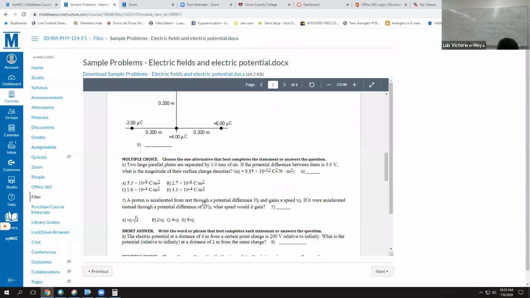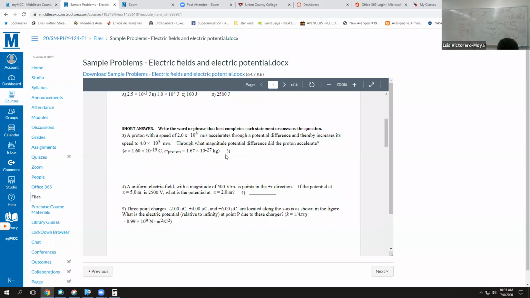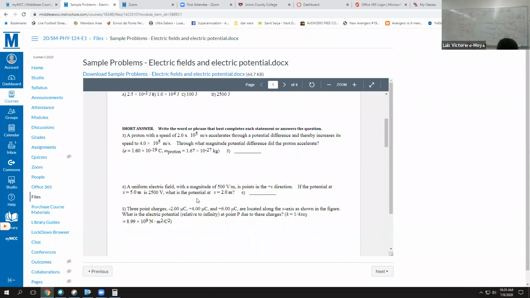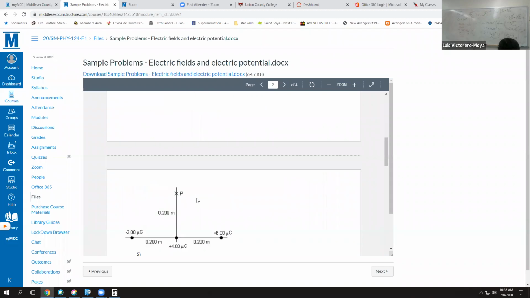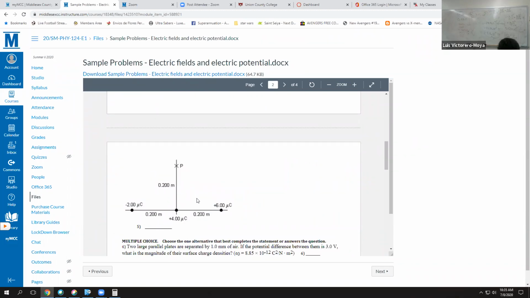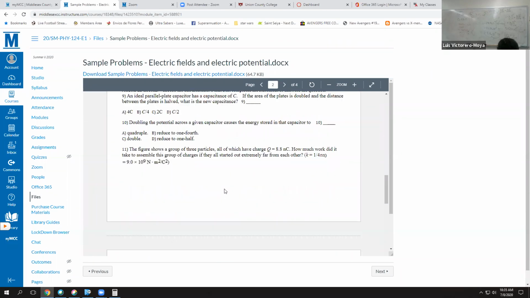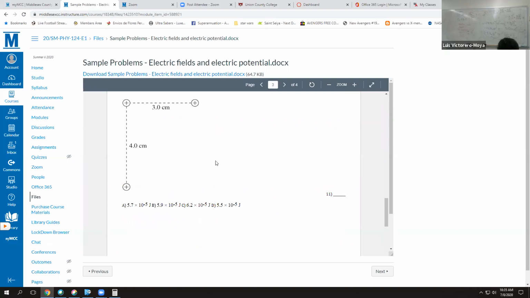And the proton problem also is here. All right. Other than that, the other problems are very similar. Accelerated charges or protons or electrons on potential differences, finding a potential difference, capacitors, and energy problem.